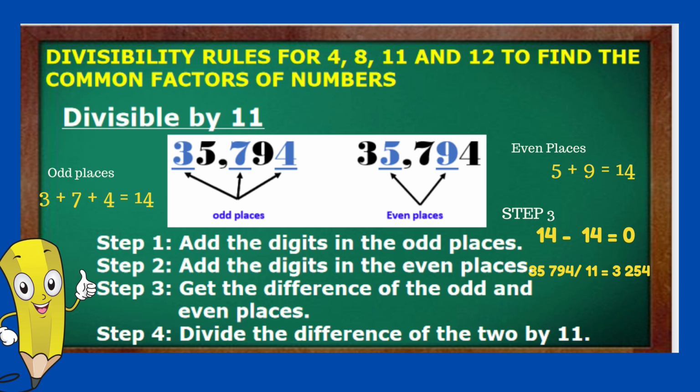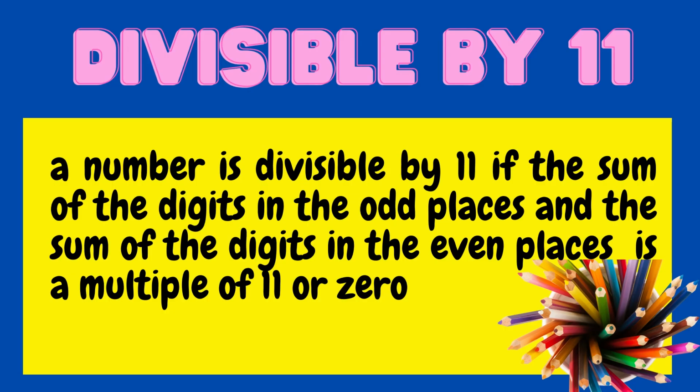Therefore, 35,794 hatiin sa 11 is equal to 3,254. Therefore, 35,794 is divisible by 11. A number is divisible by 11 if the difference of the sum of the digits in the odd places and the sum of the digits in the even places is a multiple of 11 or 0.